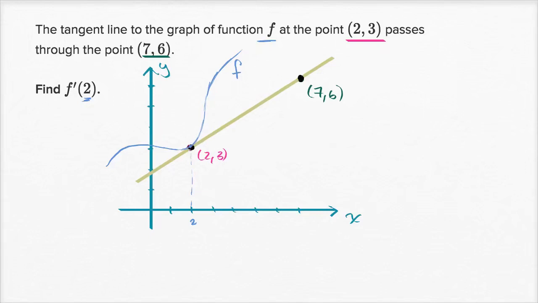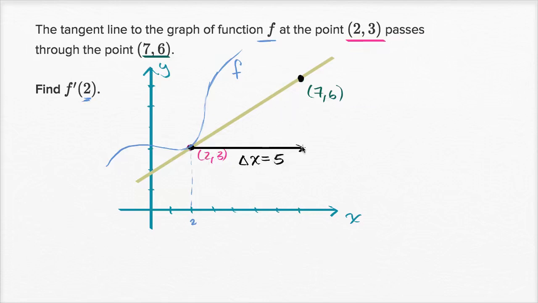So let's do that. As we know, slope is change in y over change in x. If we go from (2, 3) to (7, 6), our change in x: we go from x equals 2 to x equals 7, so our change in x is equal to 5.